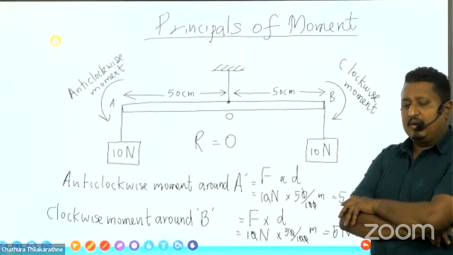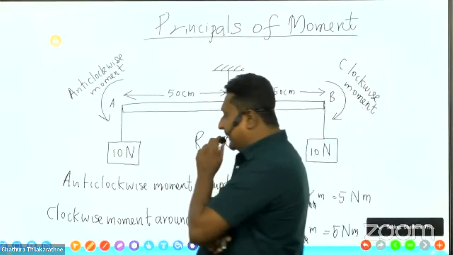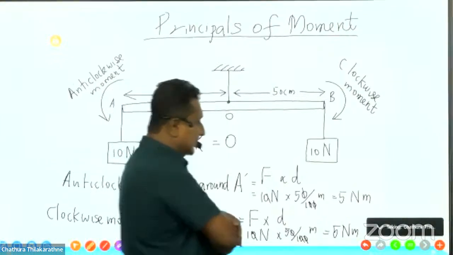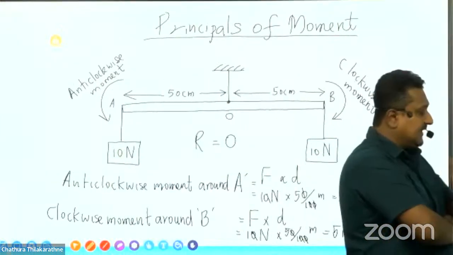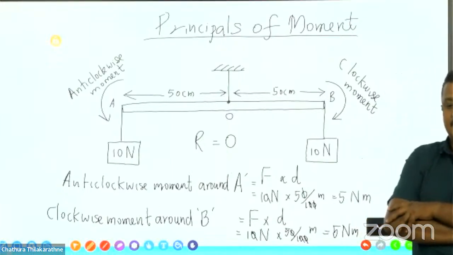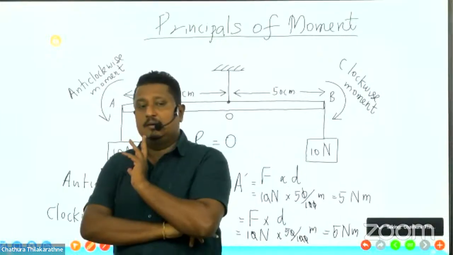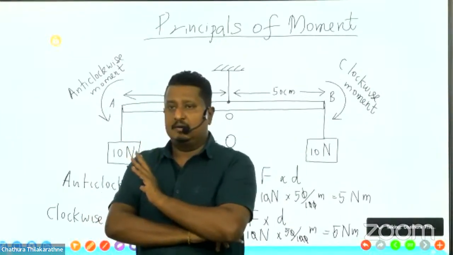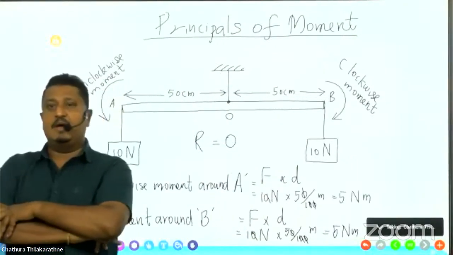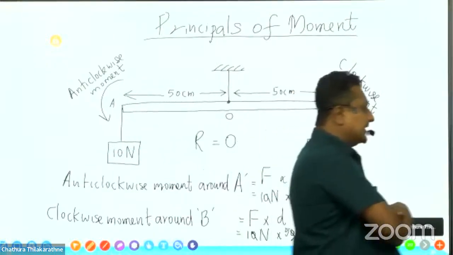To bring the ruler back into equilibrium, another weight should be hung from the other side.